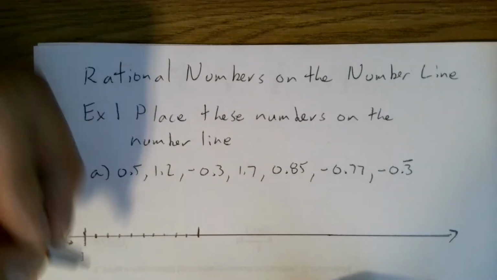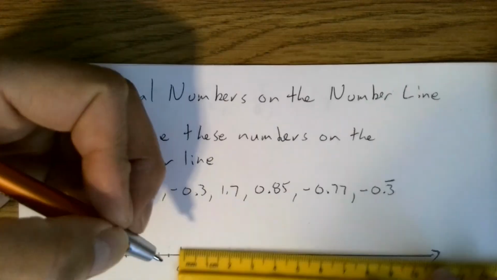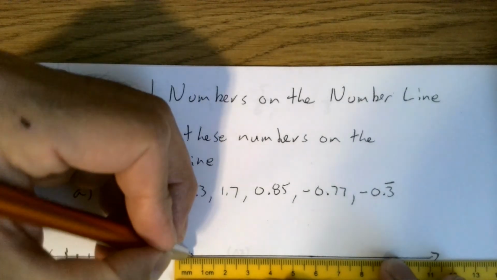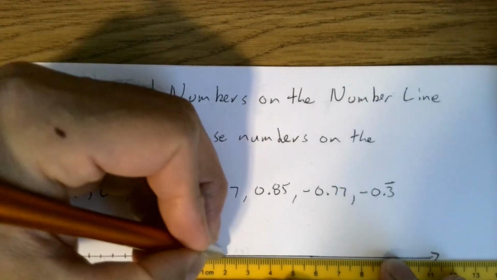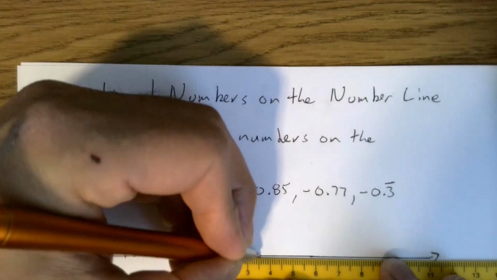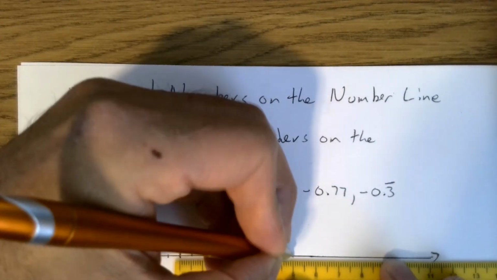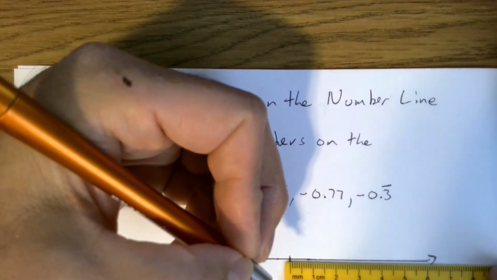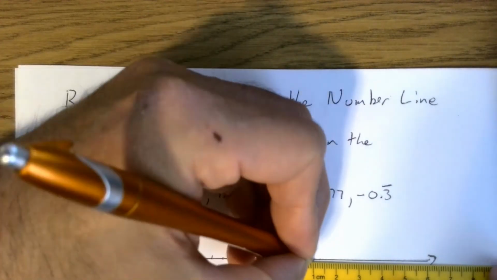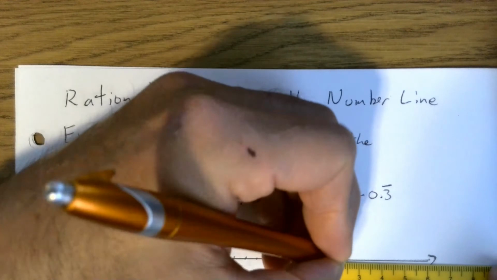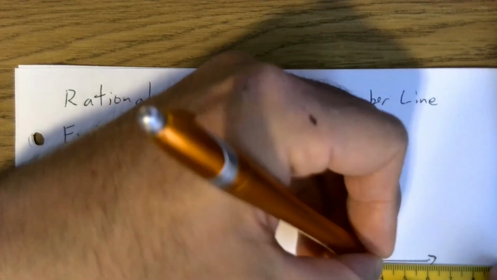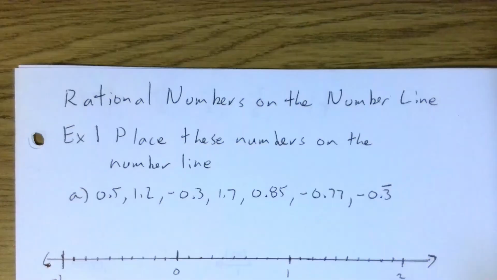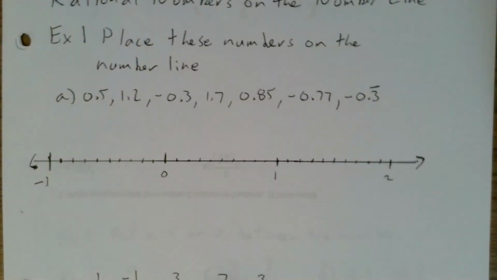Okay, so that's going to be -1, that's going to be 0. Going to do the same thing again. You will probably have to pause the video to get this done. Okay, perfect. So there's my number line done.